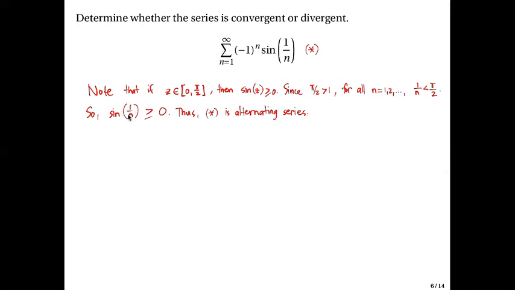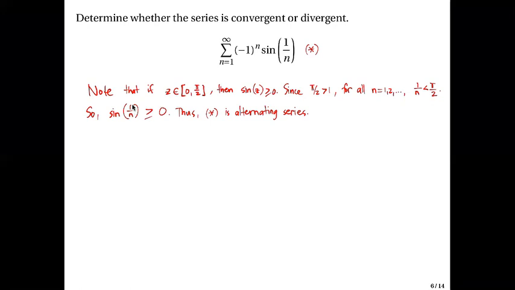You can explain using your Math 21 or pre-calculus knowledge. You know that the sine function is an increasing function from 0 to pi over 2. So what does that mean? As you decrease z from pi over 2 to 0, sine z will also decrease.